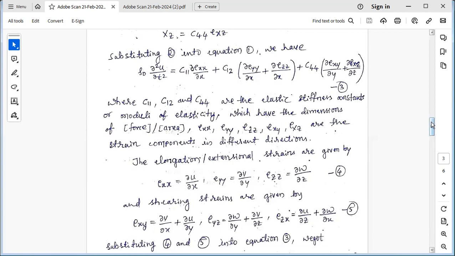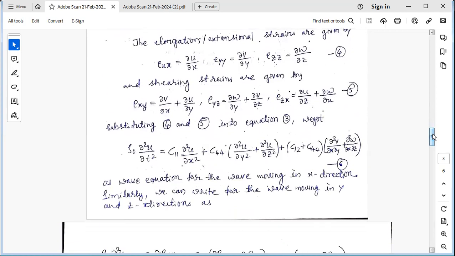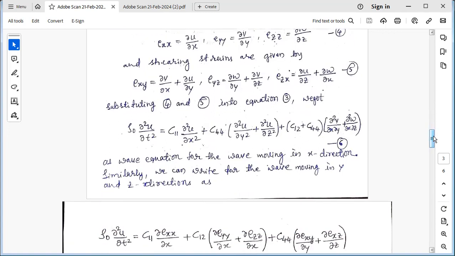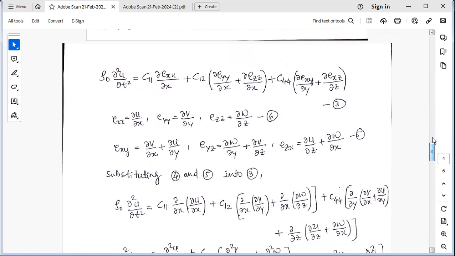All these things we have to substitute and then simplify. After simplification, we get this equation. Equation 3 turns into this form. If you want to see how this became, you can go through here. I will show you.